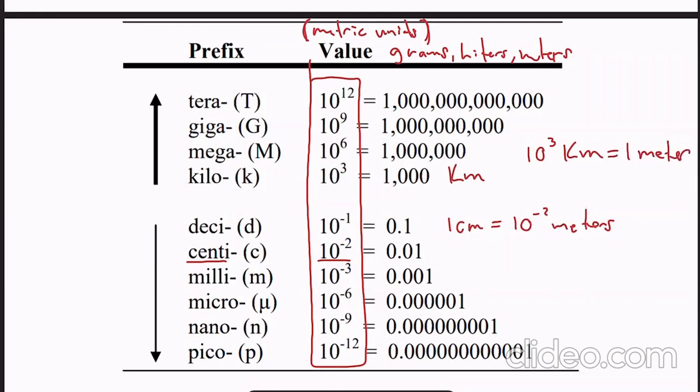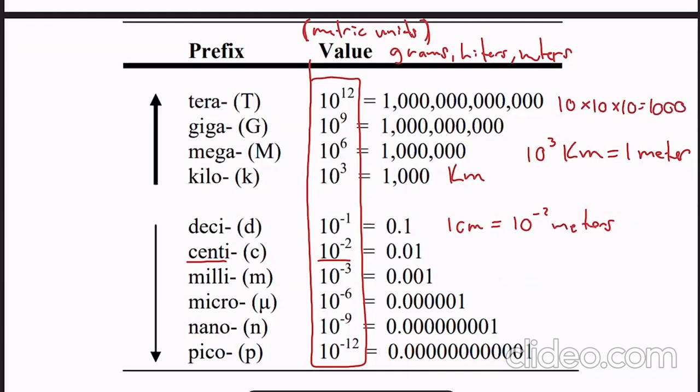Well, let's see if that makes sense. A meter is a little less than a yard, which means it's a little less than 3 feet, right? About the size of maybe your desktop, that's probably close to a meter. 10 to the 3 means 10 times 10 times 10, which is equal to 1,000.